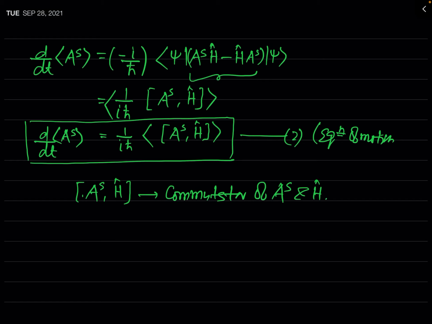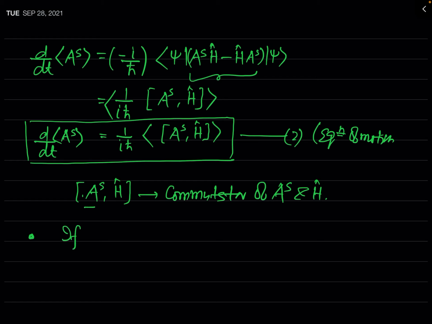One thing is very important here: if we consider that the operator AS commutes with H hat, then this commutator will be 0, and then d/dt of AS will be equal to 0.